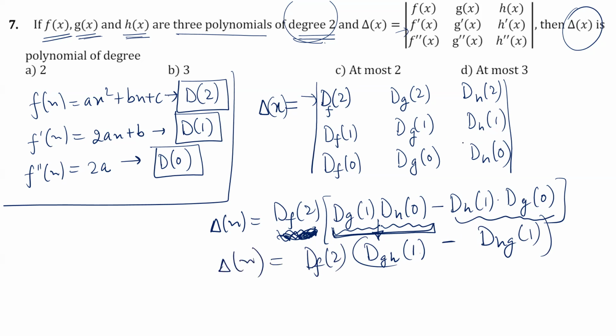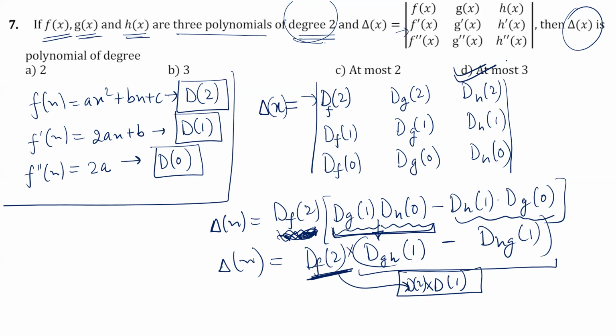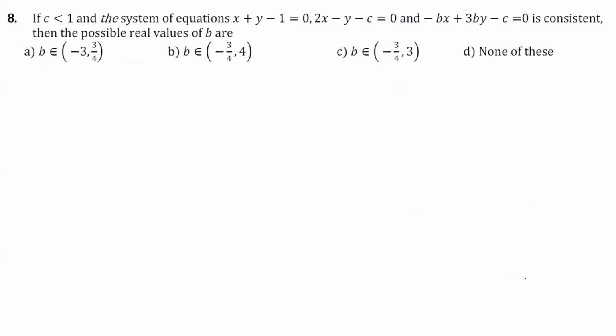So at most this will be a polynomial of degree 1 inside, and outside a polynomial of degree 2. So at most it can be a degree 3 polynomial. It can be lower also: if these two terms become the same, then this will be 0, which means a polynomial of degree 2. But maximum it can only have 2 and 1, so degree 3 at most. More than this is not possible. Less than this is possible, but more than this is not.